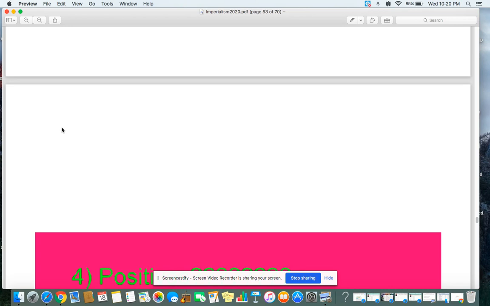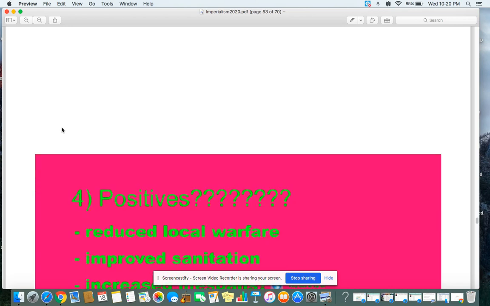All right, here we go. Let's take a look. Reduce local warfare. That's an interesting one. Did they maybe stop some of the Africans from fighting one another? Sure, but that's because they had totally oppressed them and worked them and put them in more horrible working conditions, or helped one side over the other so much the other side got destroyed.